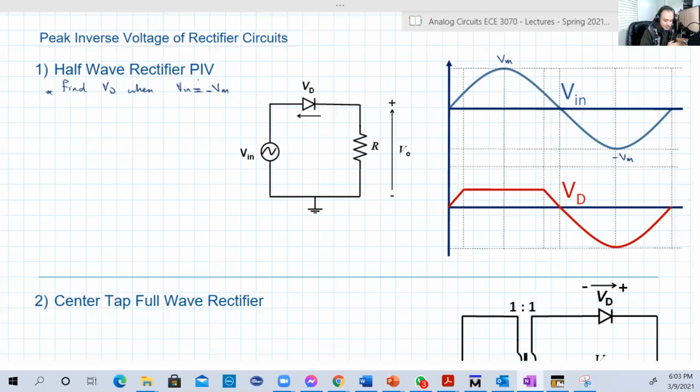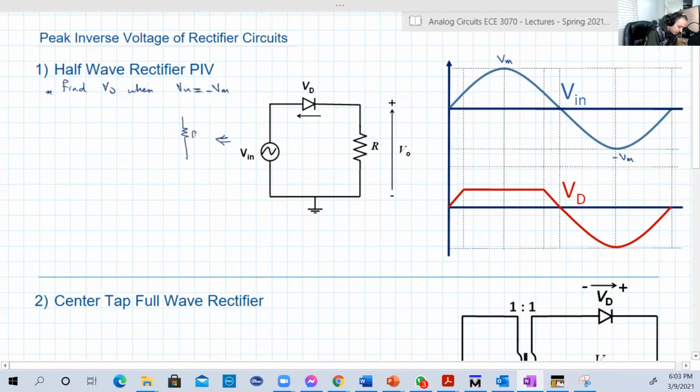So let's calculate this. So the circuit can be reduced to something like this: a resistor, a diode like this, and a battery with voltage equal to minus Vmax. Good. Now reverse the battery terminals and also the battery voltage.